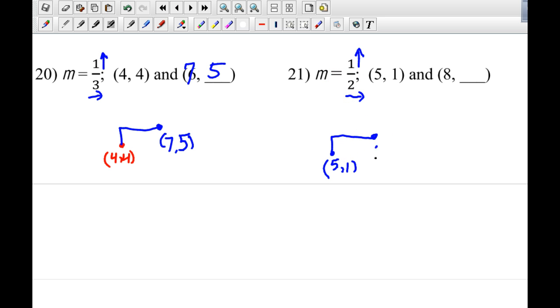What point does that take me to? 7, 2? Yeah. Going up 1, you go from 1 to 2, and going right 2, you go from 5 to 7. Very good. So yeah, 7, 2.